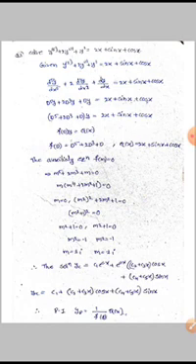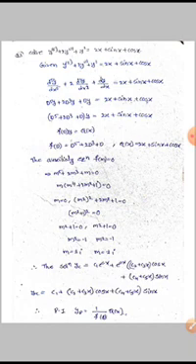The auxiliary equation is f of m is equal to 0: m to the power of 5 plus 2m cube plus m equal to 0. m is common, so m into m to the power of 4 plus 2m square plus 1 equal to 0. That is m into m square plus 1 whole square equal to 0. Here m is equal to 0, and m square plus 1 is equal to 0, so m is equal to plus or minus i, two times repeated.